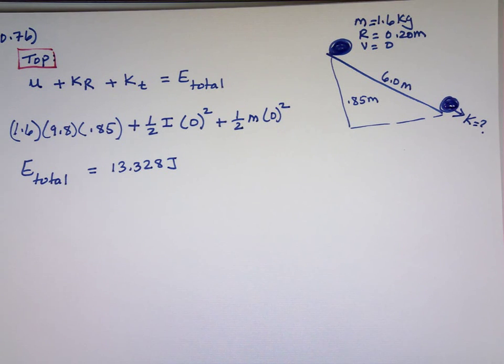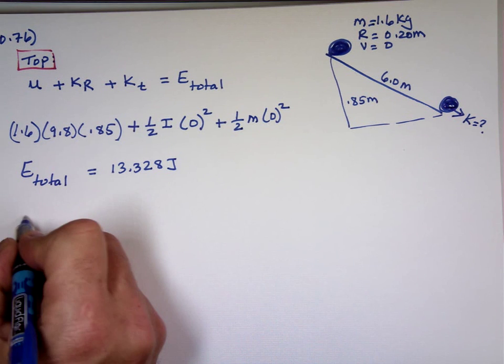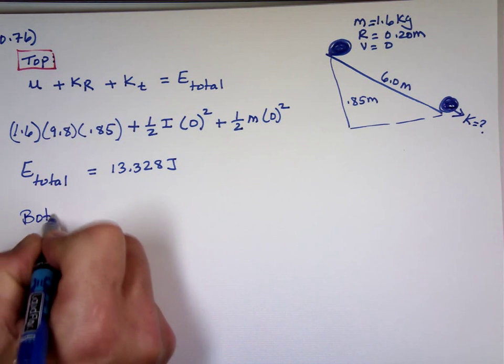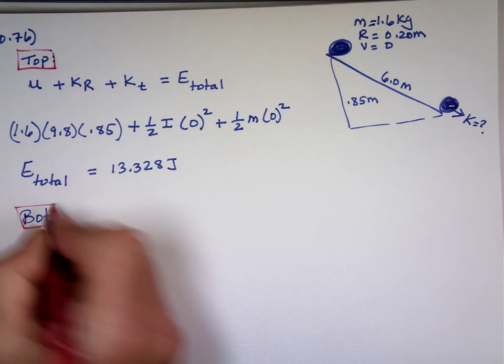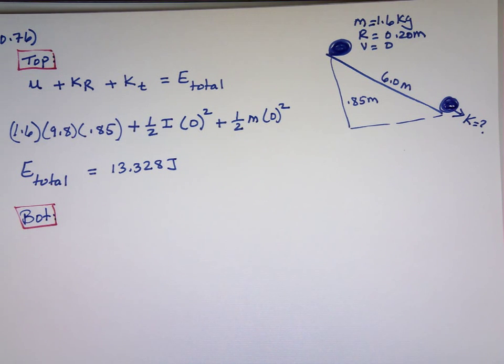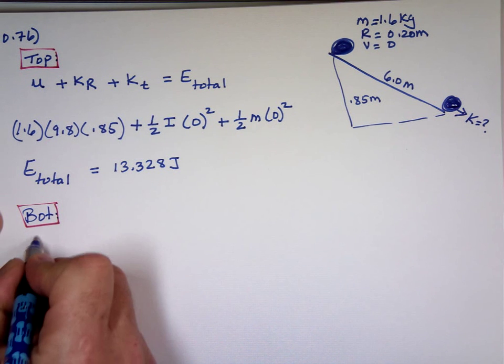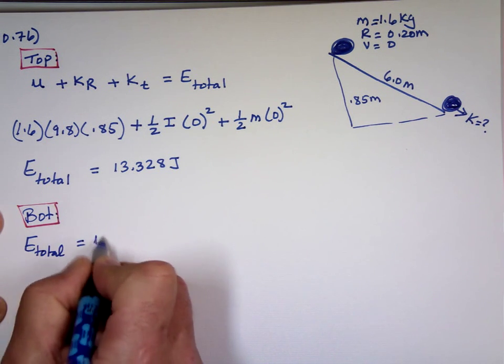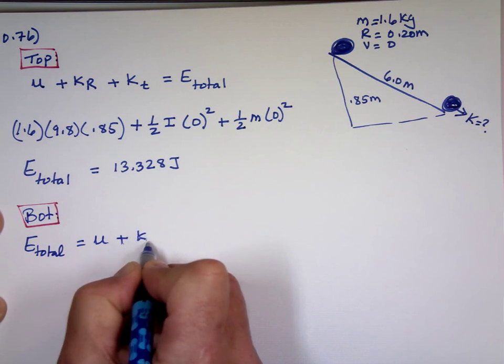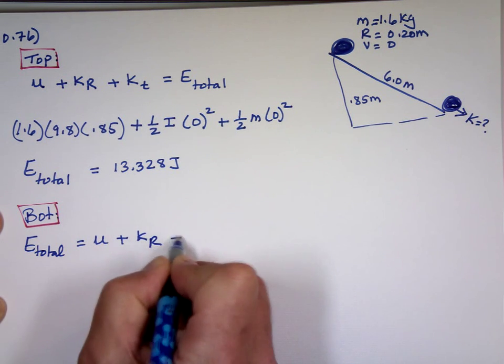Let's look at the bottom. The total energy at the bottom is the potential energy, kinetic energy due to rotation, kinetic energy due to translation.